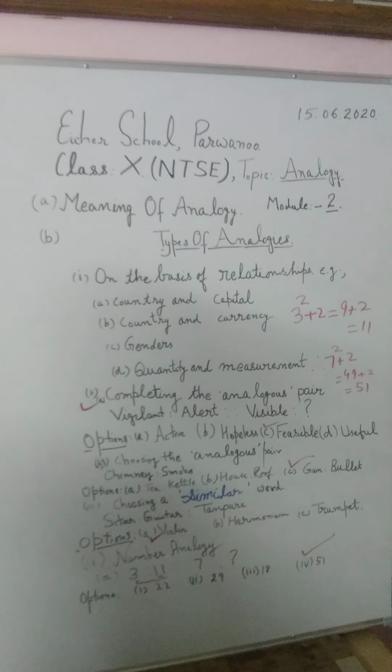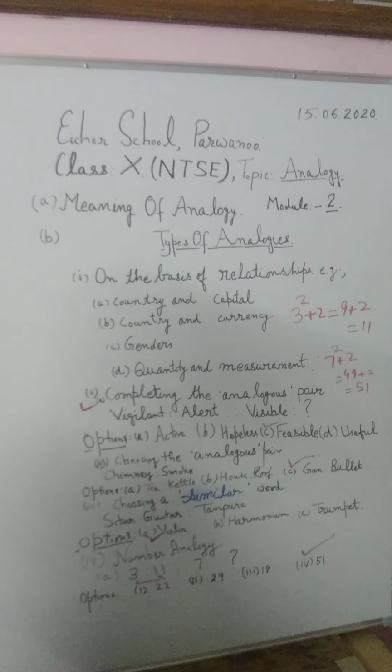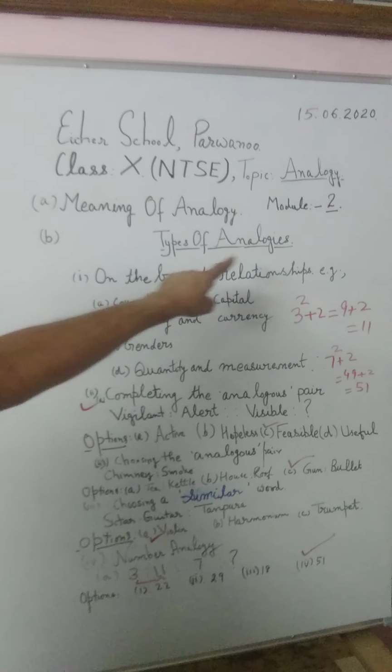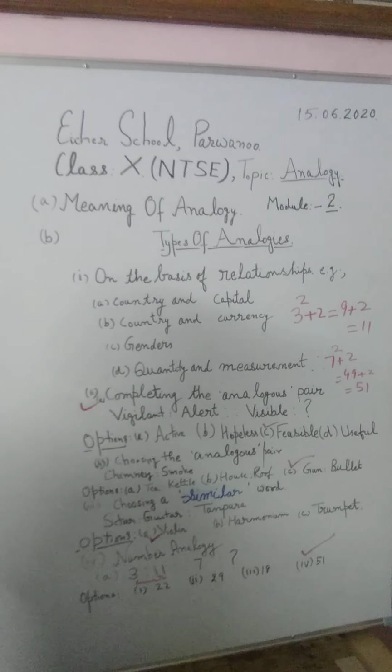So in this way, we will establish a relationship between the different things. That is why it is called an analogy. That is known as a correspondence between the two things. And these correspondences are associated by some certain rules. So in conclusion, I have explained to you the different types of analogies. Number one is on the basis of relationship.